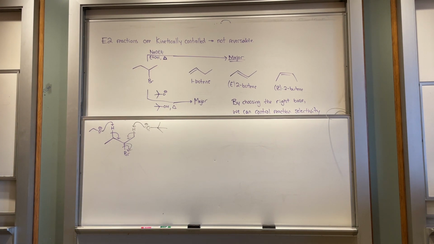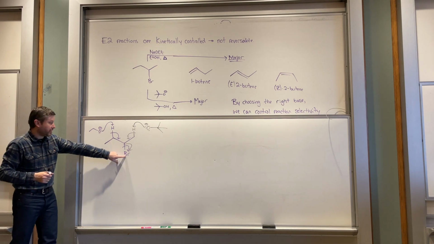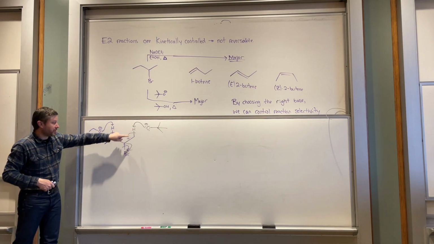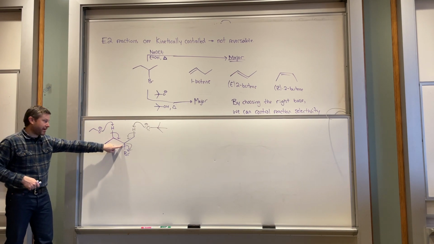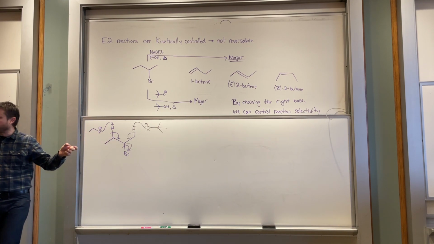Both of these are still E2 mechanisms. You can see the relationship between the atom that's leaving and the proton that's being pulled. In E2 it is a 3-bond relationship, right? And the atom that leaves takes the electrons in that bond with it.